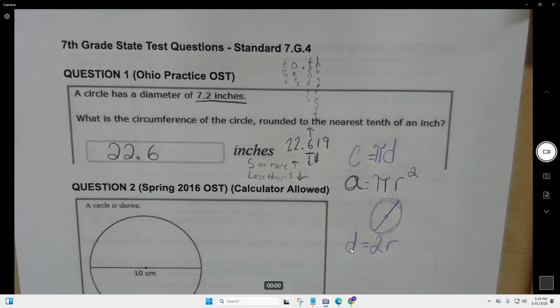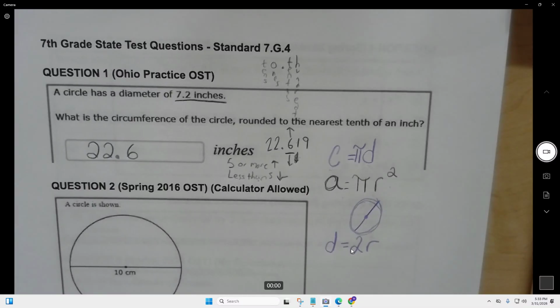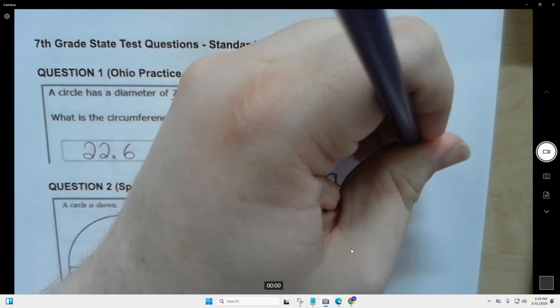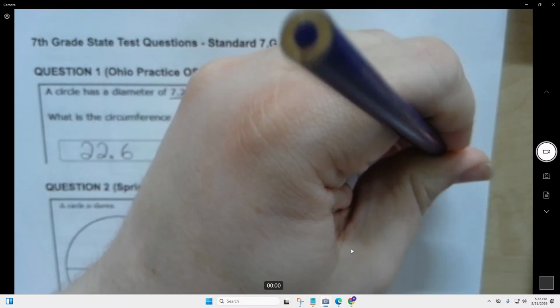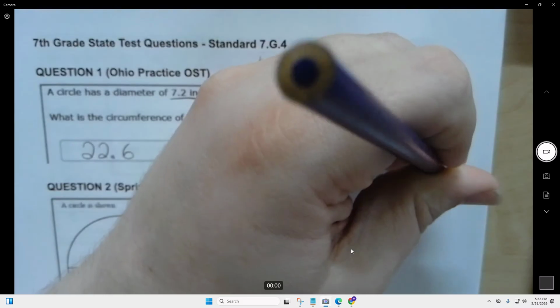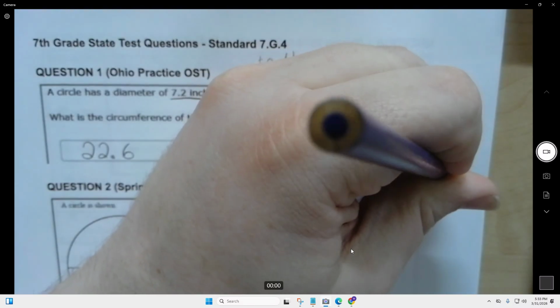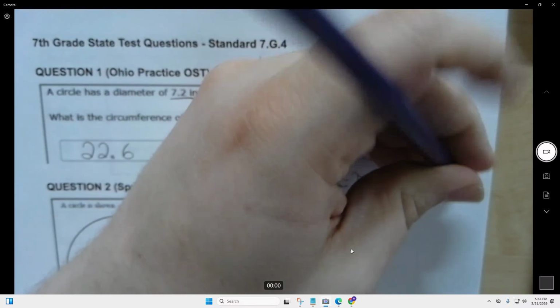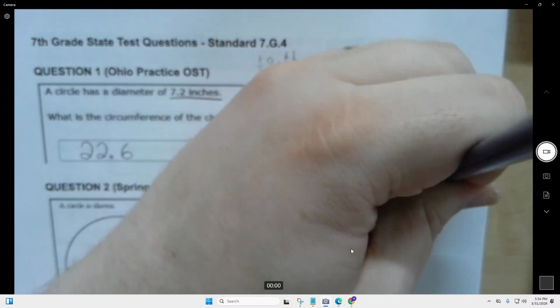There are wonderful things called mnemonic devices out there to help us remember things. And the mnemonic device I've always used for circumference and area is: Cherry pie is delicious.